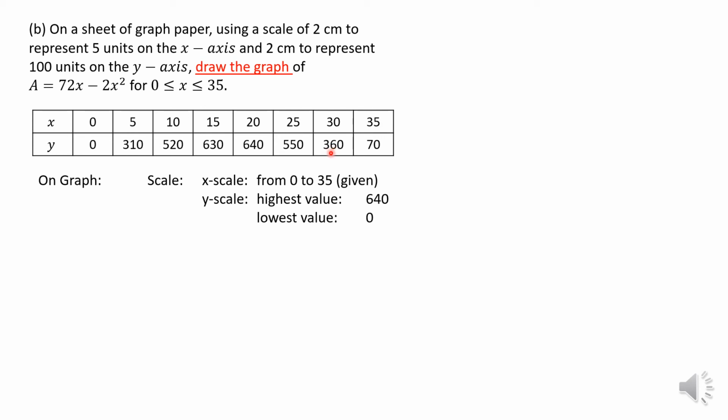The highest y value is 640 and the lowest is 0. So I expect a graph in that region, and it's going to be a curve like that because the coefficient of x squared is -2. Now I know what region I must use on my graph paper.